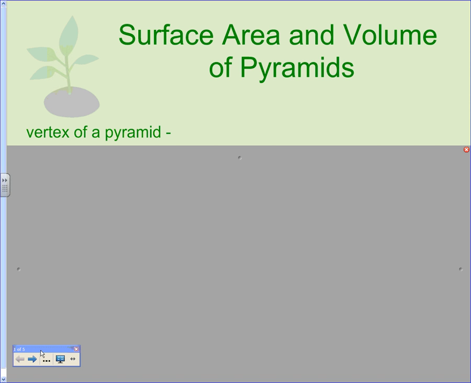The common vertex of the pyramid's lateral faces. What are the lateral faces? Yeah, the faces on the side, and they all meet up at one point up at the top. That's the vertex, okay?